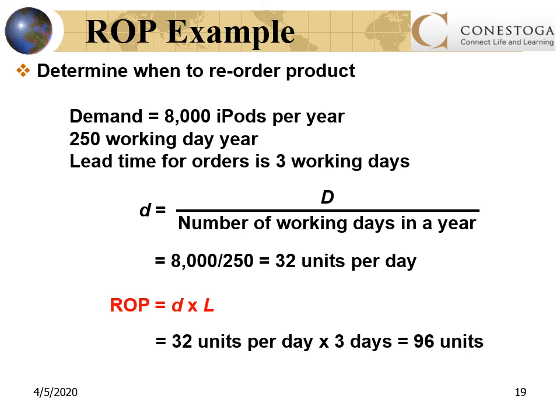First we need to find the reorder point, which is small d multiplied by L. Small d is the demand per day, which is 8,000 divided by 250. 8,000 divided by 250 is 32, multiplied by 3 equals 96 units. So 96 units is my reorder point.